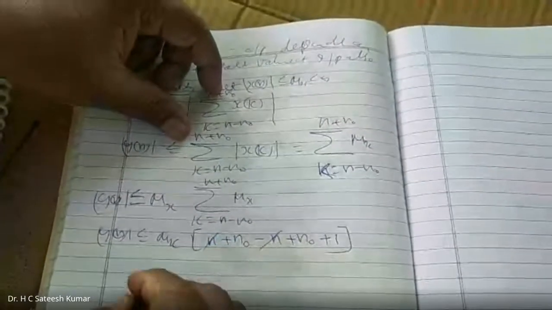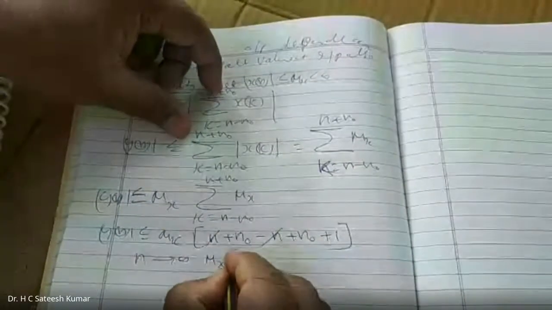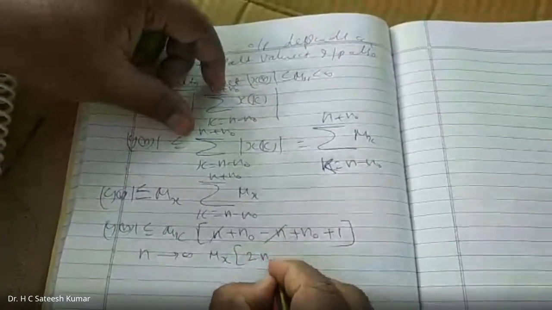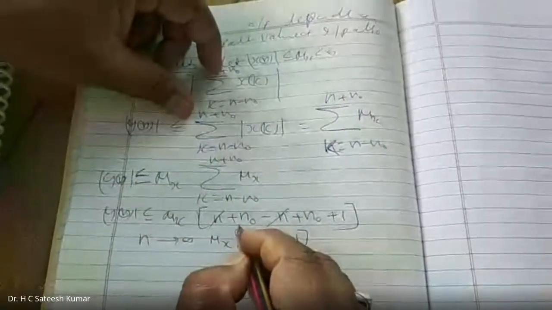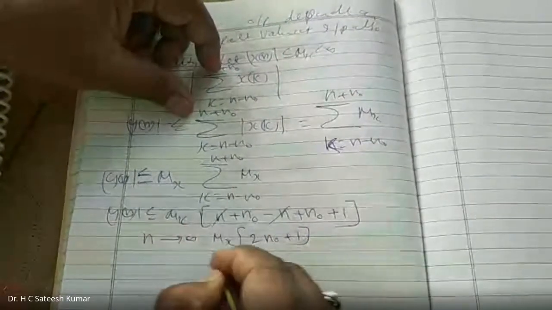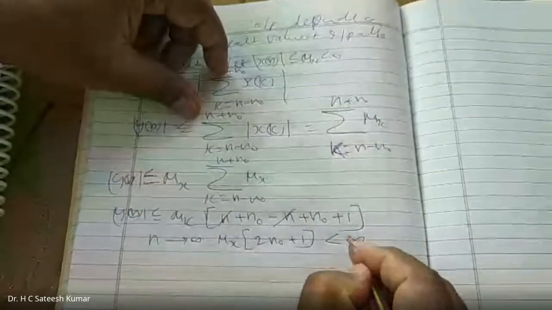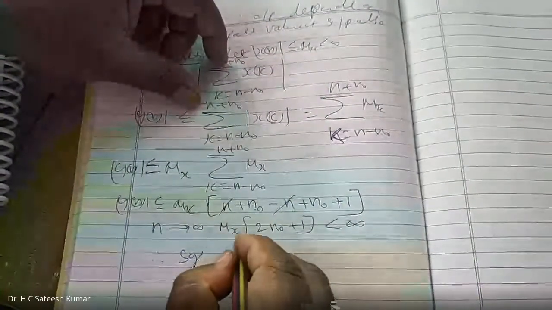Minus n plus n gets cancelled. As n tends to infinity, you'll get mx into 2n naught plus 1. We don't have the n term. n naught is finite, this is 2n naught plus 1. As n tends to infinity, this is less than infinity only. Therefore, the system is stable, because we don't have the n term.